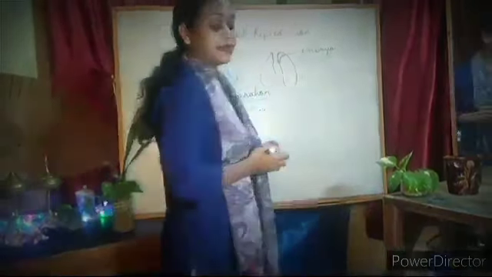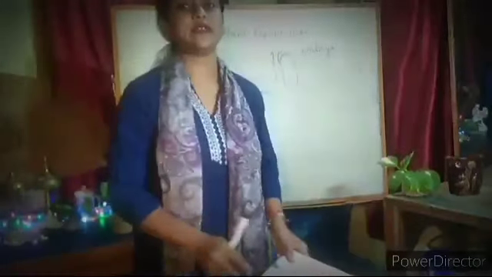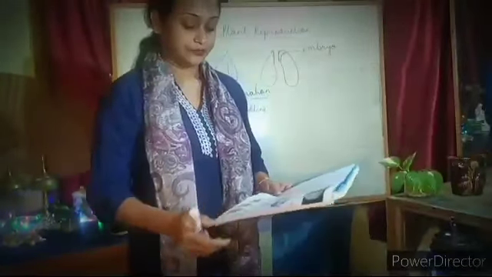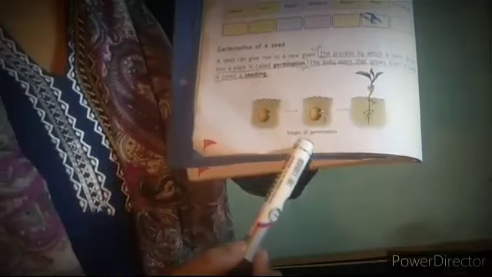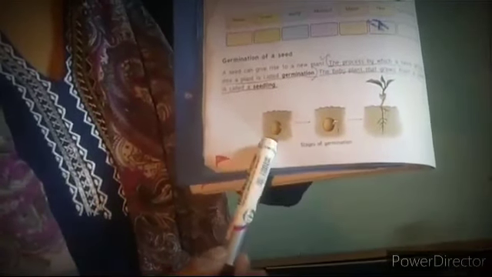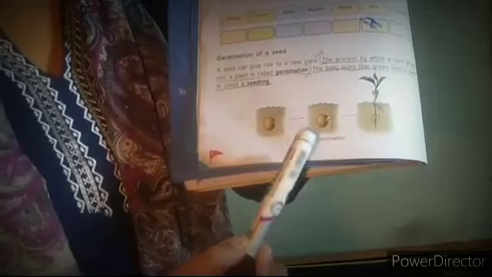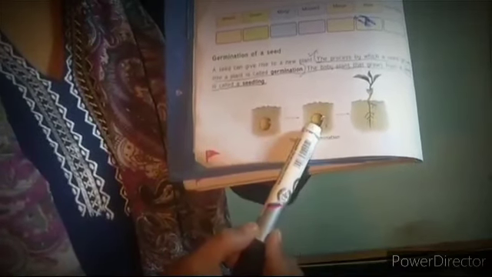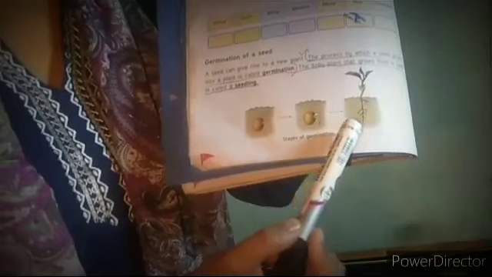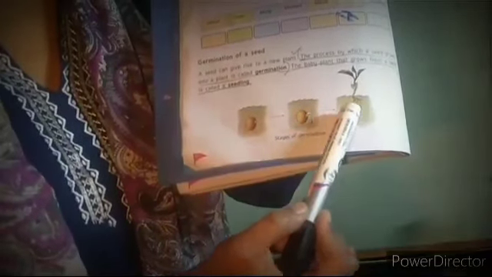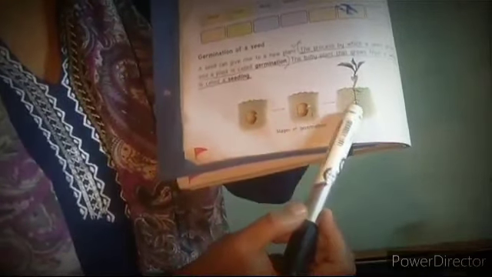The baby plant that grows from the seed is known as a seedling. Here in the book you can see these are the stages of germination. Here one seed is there. From there the roots are developed, and then the baby plant which is growing from it is known as a seedling.